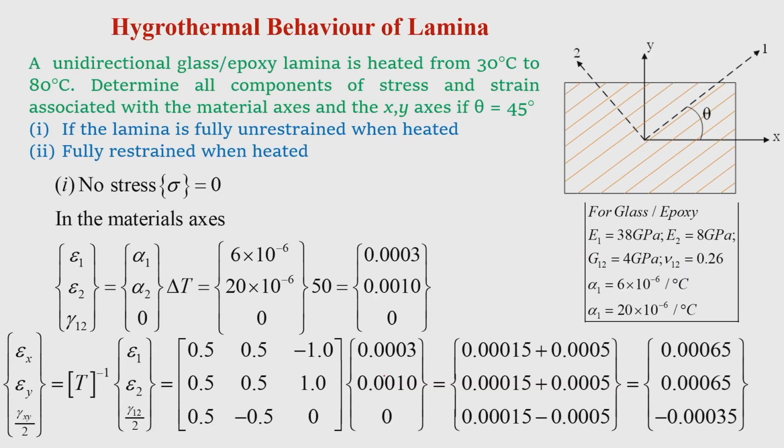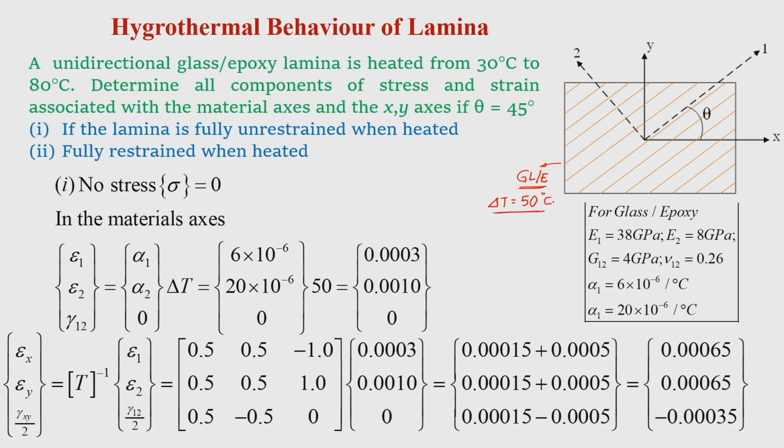So, having understood this, I think we will just discuss one or two problems which will make things even more clear. Suppose we have a unidirectional glass epoxy lamina which is heated from 30 degree to 80 degree, that means delta T is equal to 50 degree Celsius.